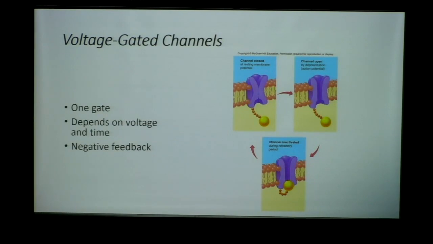Negative 94 millivolts. Again here, only one gate dependent on voltage and time, so very similar to the inactivation gate on sodium's voltage-gated channel, but there's only a 1 millisecond delay happening here at that positive 30. So a very similar scenario to the inactivation gate.